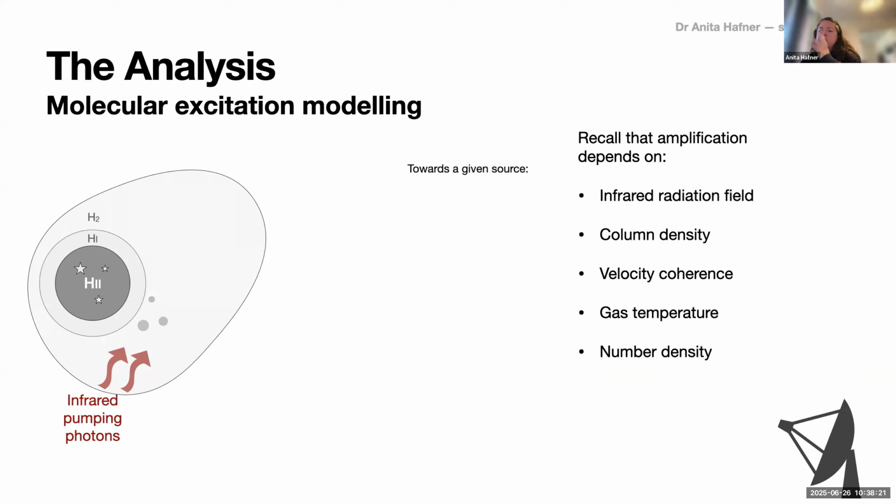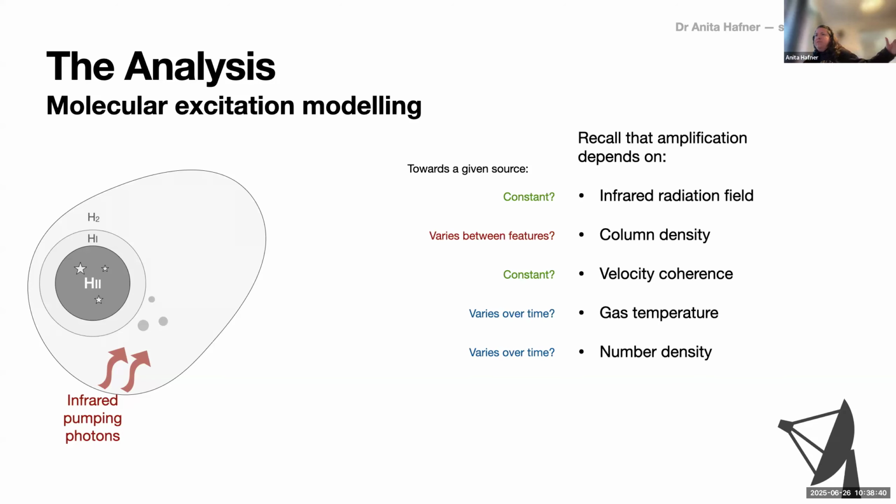Perhaps in a given region, the infrared radiation field might be constant, the velocity coherence might be constant, but maybe the column density varies between features. Maybe gas temperature and number density are changing over time.